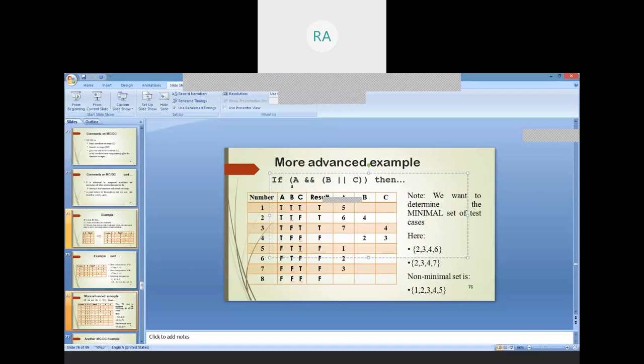Please take this as an assignment. A and parenthesis B or C is a compound condition, wherein it has a sub-expression within it. Please try to solve this. First you write the truth table, extend the truth table and try to come up with the important combinations. That is the assignment.